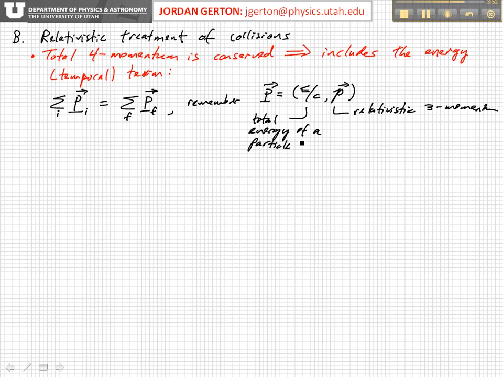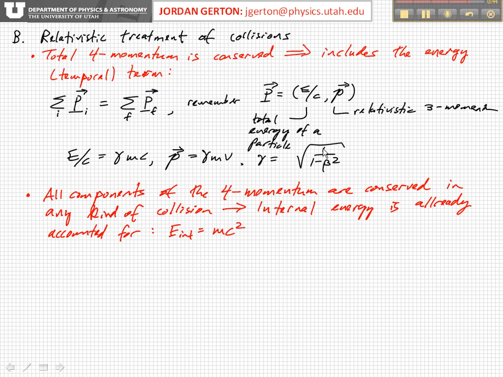Okay, so E over c is equal to gamma mc, as we saw in the last lecture, and the relativistic 3 momentum is just equal to gamma mv, where again gamma is equal to 1 over the square root of 1 minus beta squared.